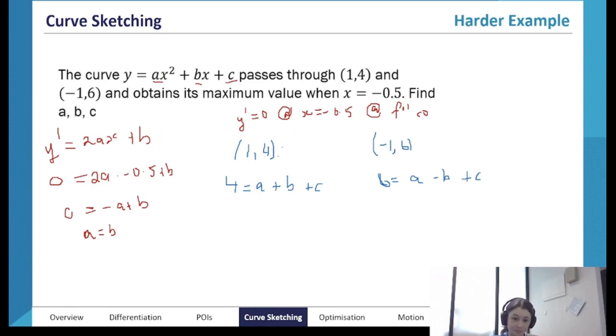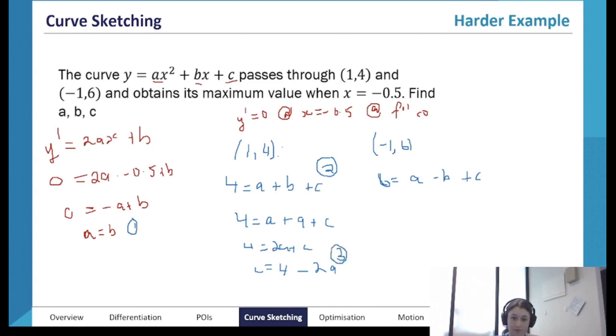We know that a and b are equal. We can sub these in together: 4 equals a, and we're going to sub a equals b, which gives us a plus c. So 4 is equal to 2a plus c. Therefore, c is going to be equal to 4 minus 2a.